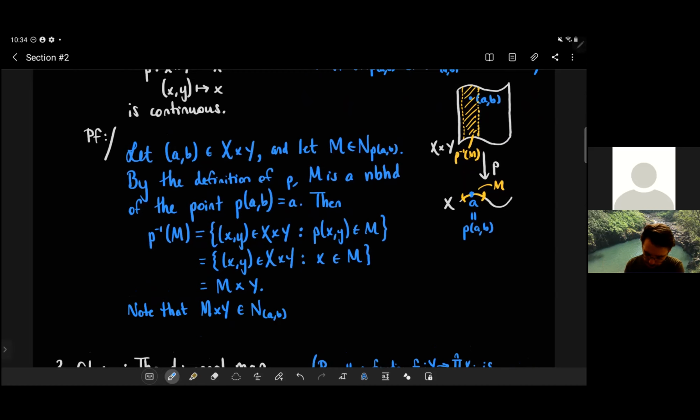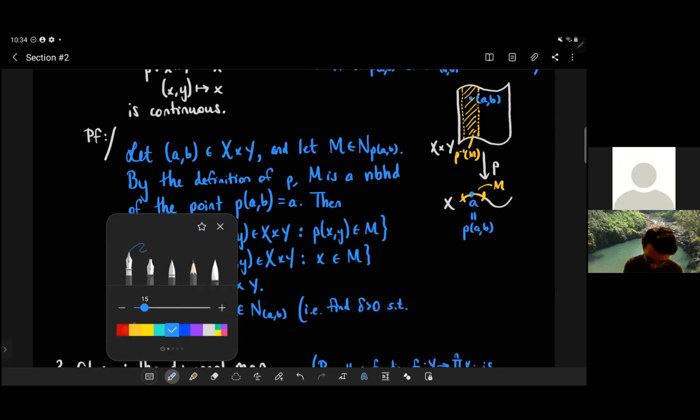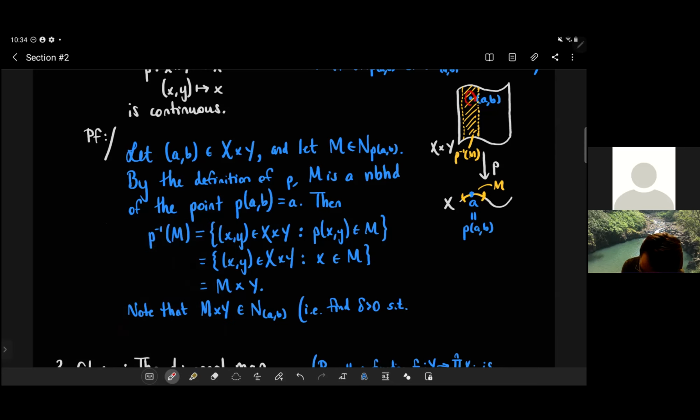And I suppose you could prove that, you could find some delta so that you can fit some open ball around this point, right? And I guess the open ball would be more like a product. It's more like a square because we're in the product space.